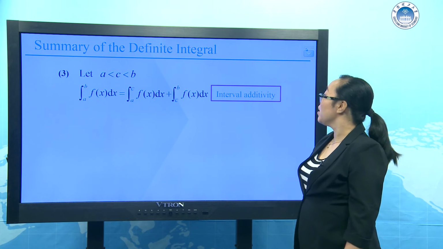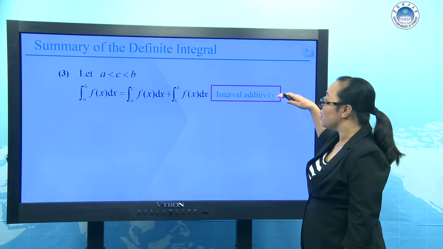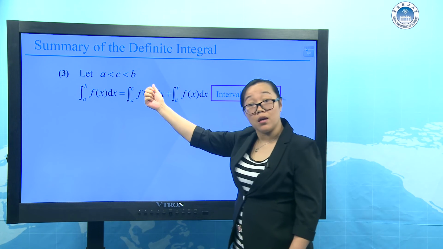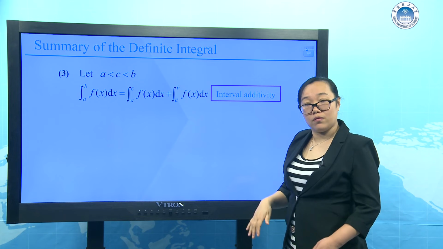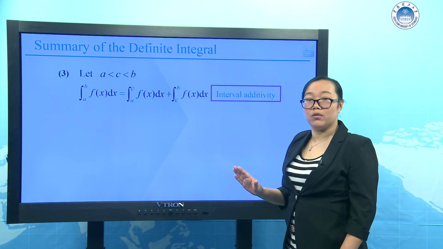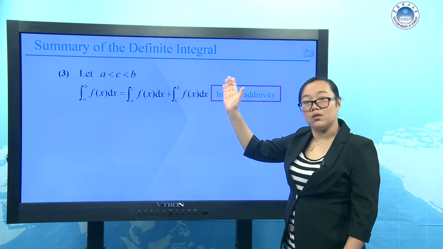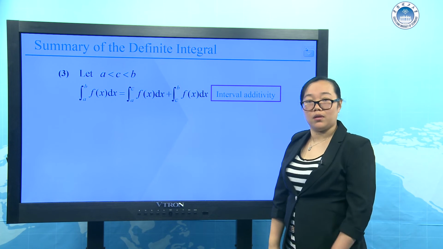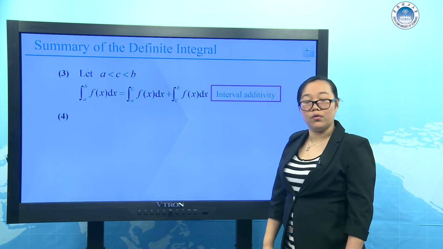This property means interval additivity. Here c is a number between a and b. We can prove in the future that for any real number c, the formula is always true. This means interval additivity.